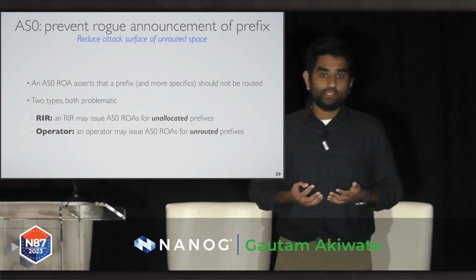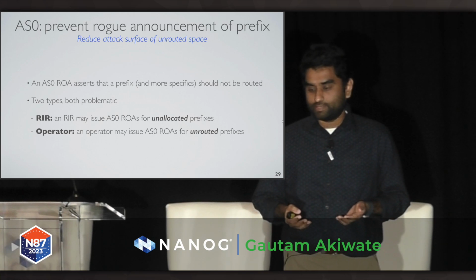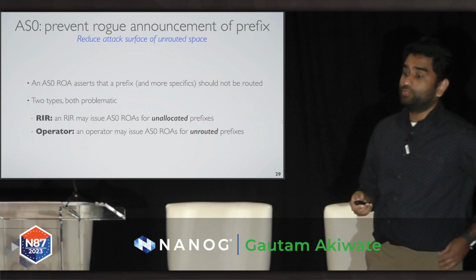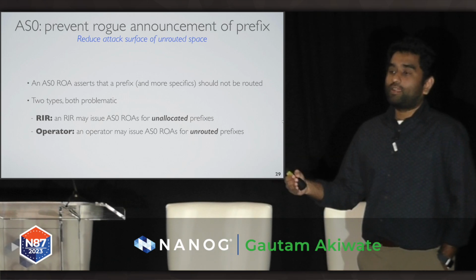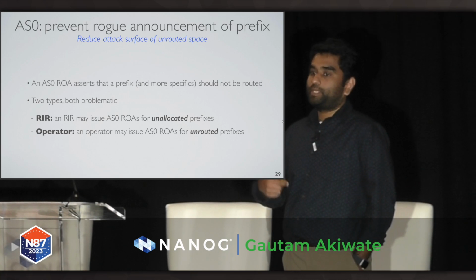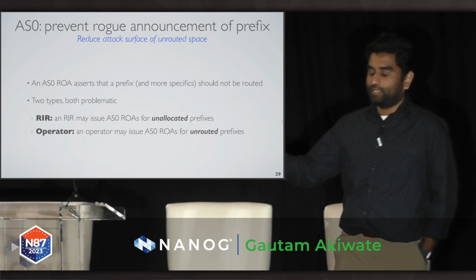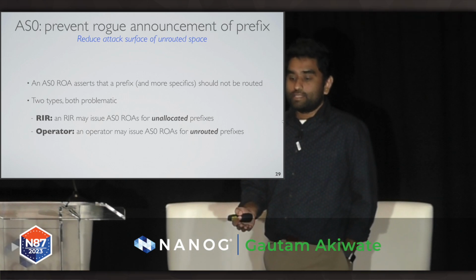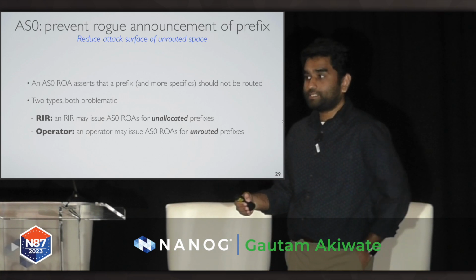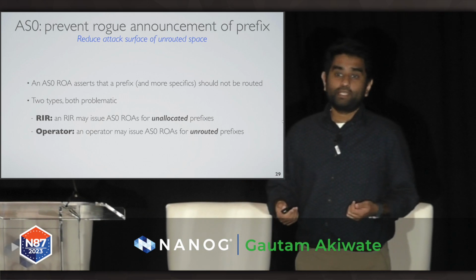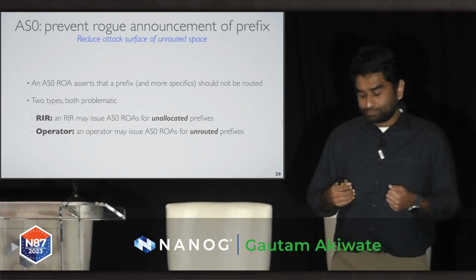The first type is the RIR AS0, which RIRs may use for unallocated prefixes, so that hijackers cannot really use unallocated address space for their abusive activity. The second is the operator AS0, which is for unrouted prefixes that operators may not be currently using.